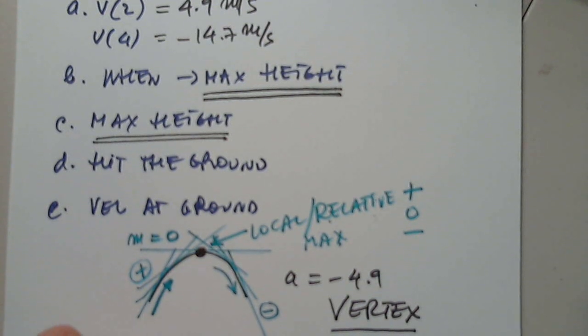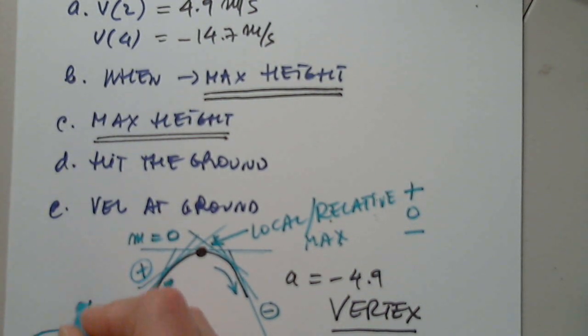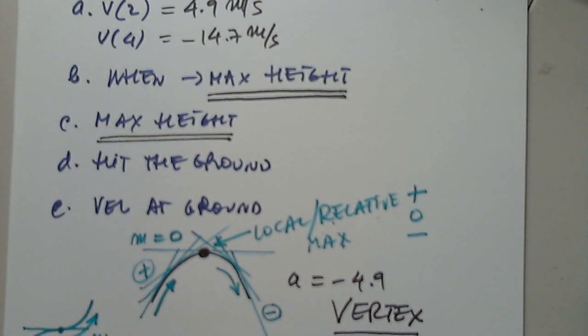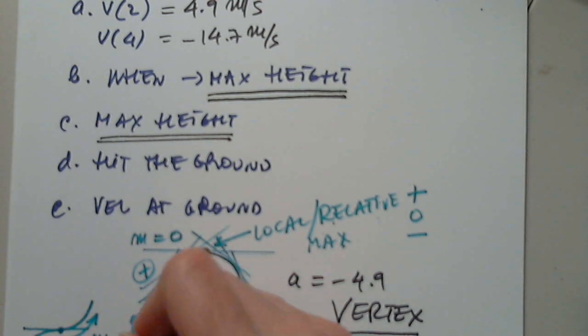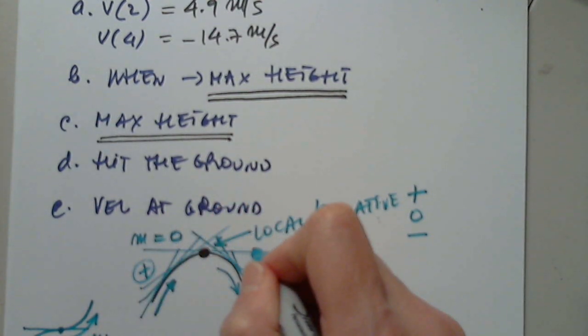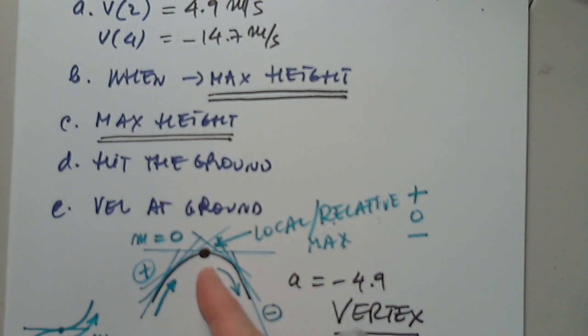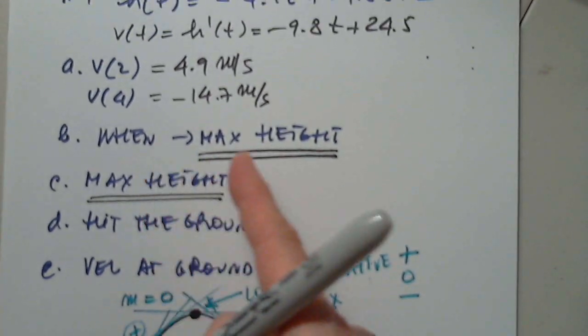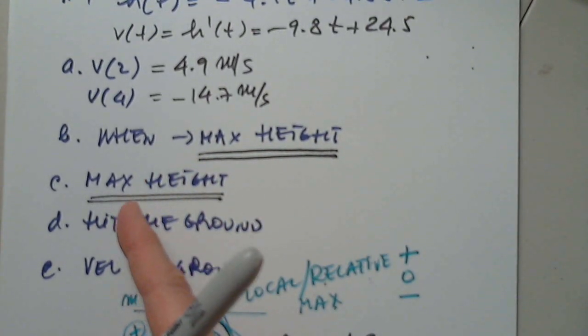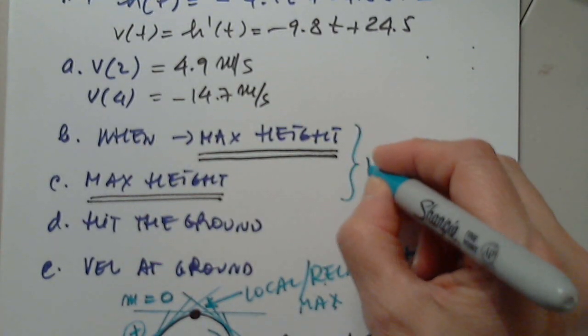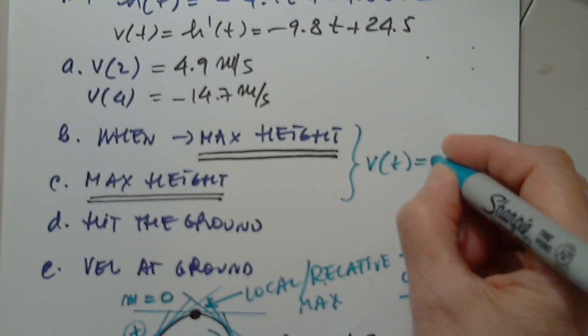Because see, if I have this situation, at this point the slope is still 0, but there is no local max or min, because the function is always increasing. But if the function is increasing, has a slope 0, and then is decreasing, this must be a local max. So in order to determine what it is and when it happens, what we have to do is set the derivative equal to 0.